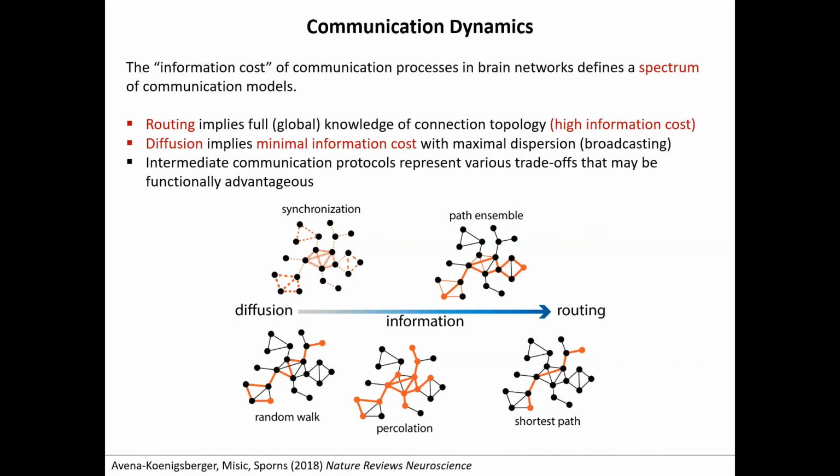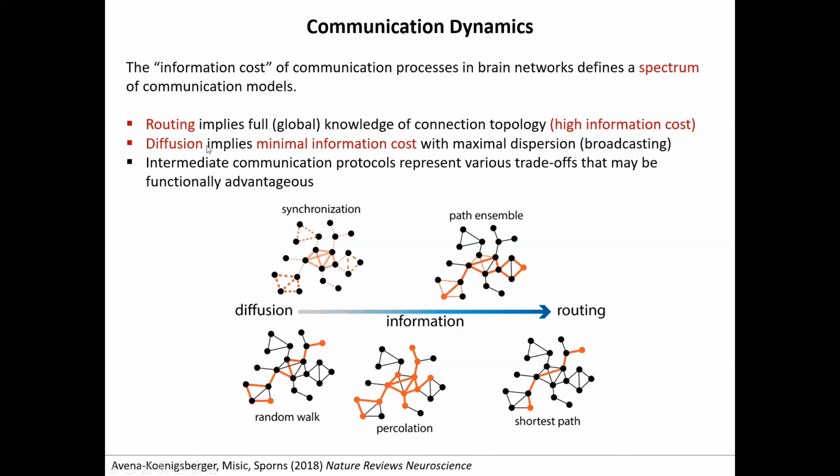You look at the map and you can actually determine that, but the brain cannot look at a map and determine how to send an impulse or a signal from point A to point B along a shortest path. That's not possible, right? There's no known mechanism by which neurons or brain regions have access to that global knowledge. So while routing is appealing in many contexts when we try to navigate communication networks, transportation networks, etc., it is really not an option for the brain because the brain cannot access its own topology.